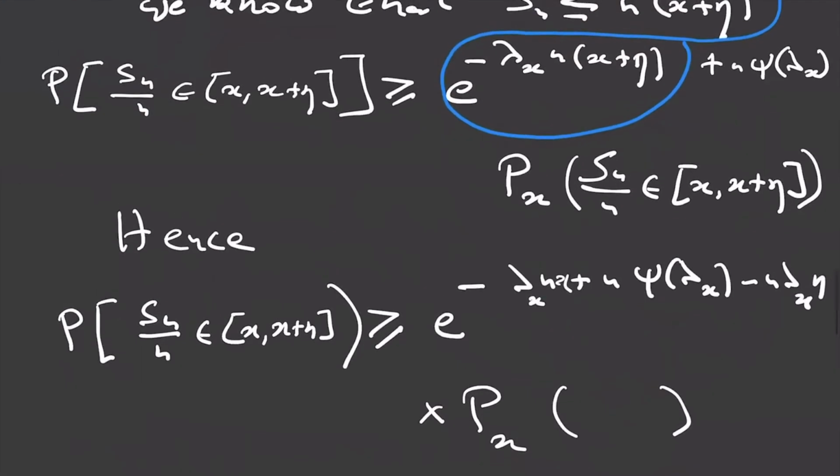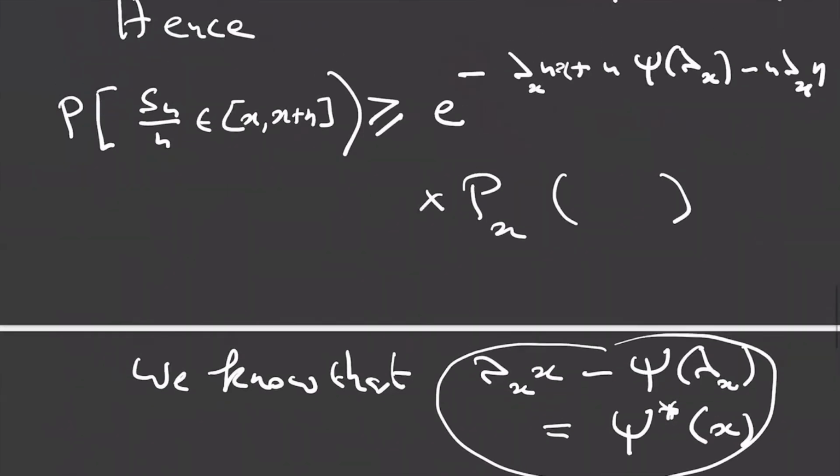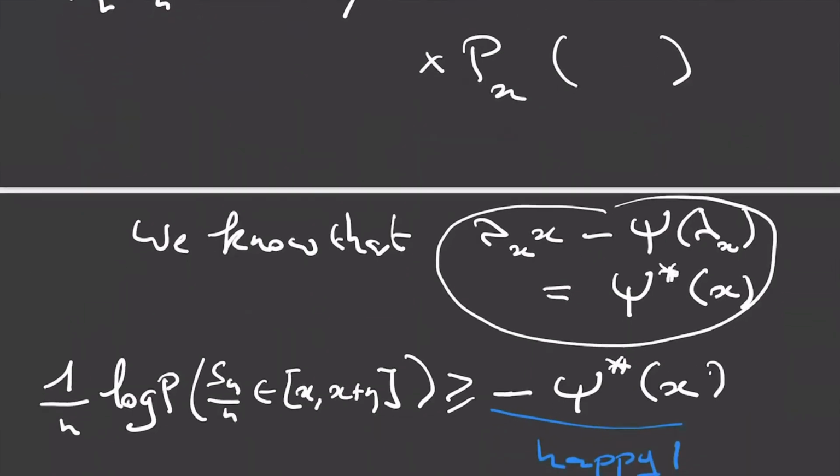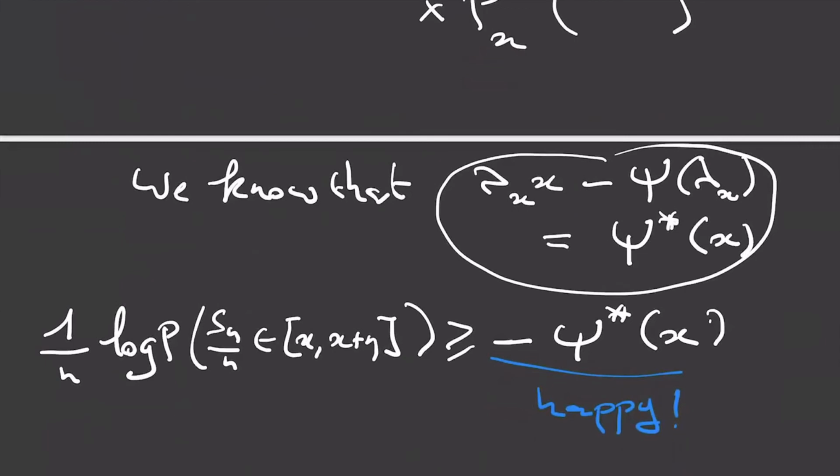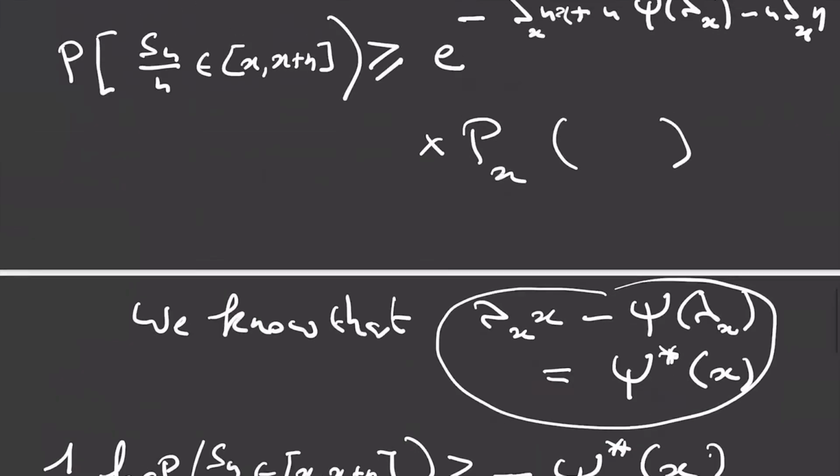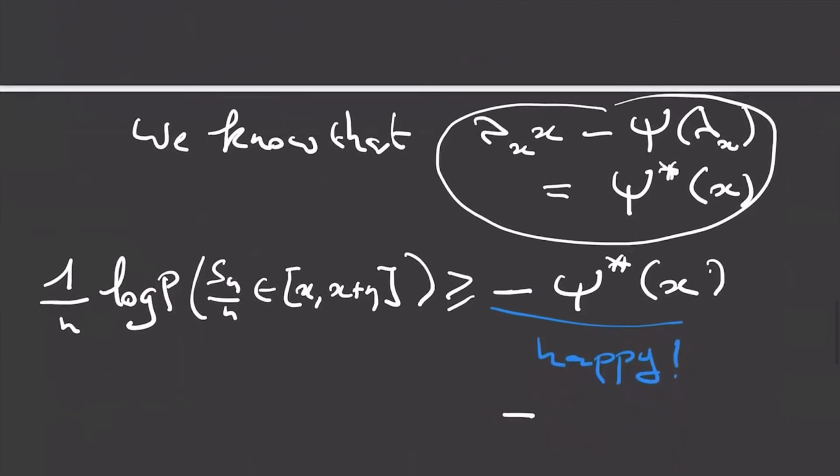We have an extra term which is minus eta times lambda x. The n factor has been destroyed by the 1 over n here, and here it has been cancelled.